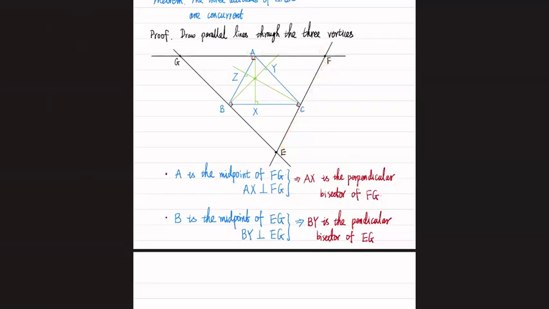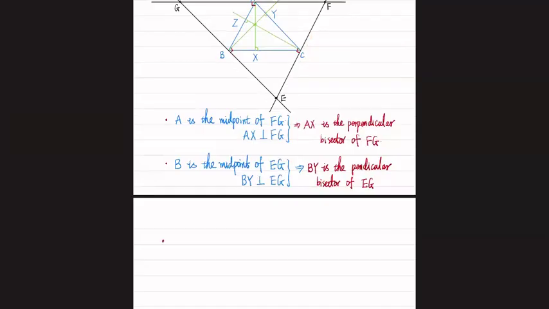Because these are equal to a common segment, and these two are also equal to the common segment because of the parallelogram. Okay, so C is the midpoint of EF.